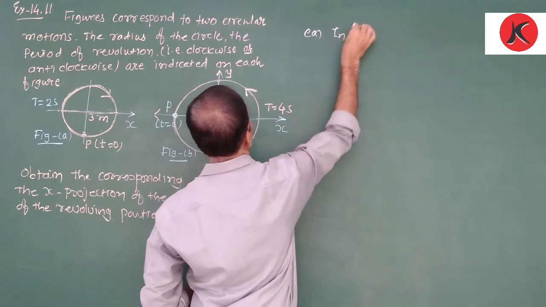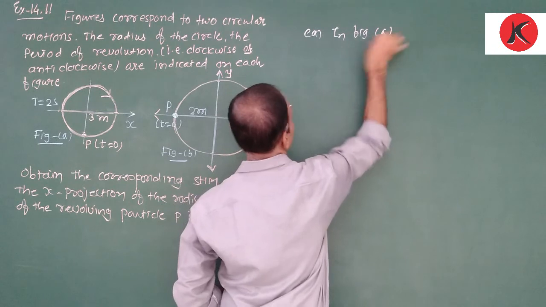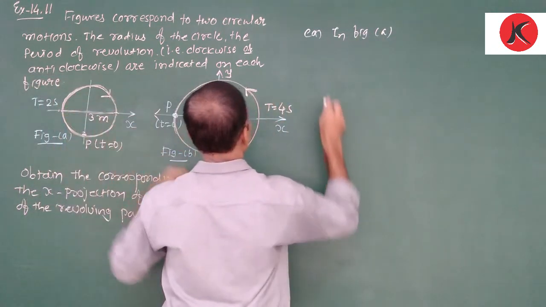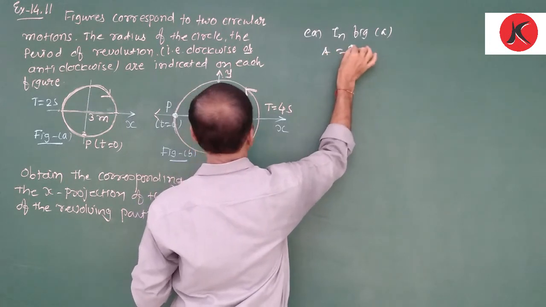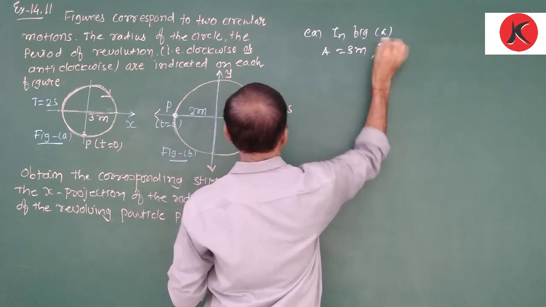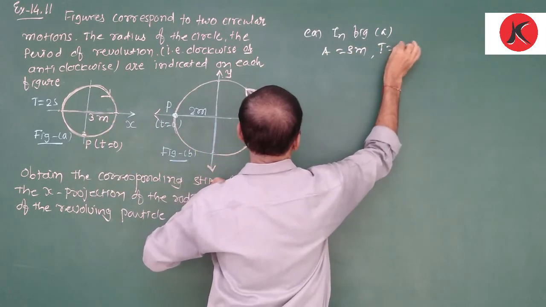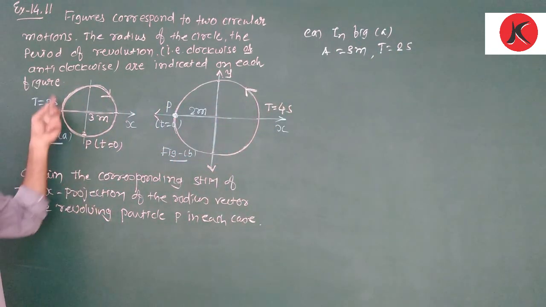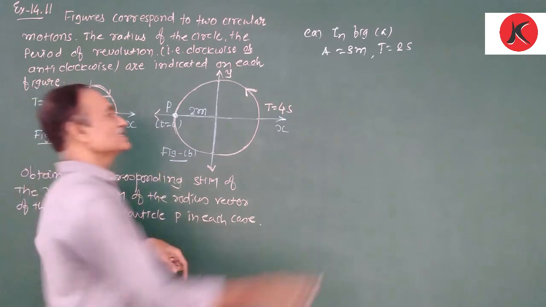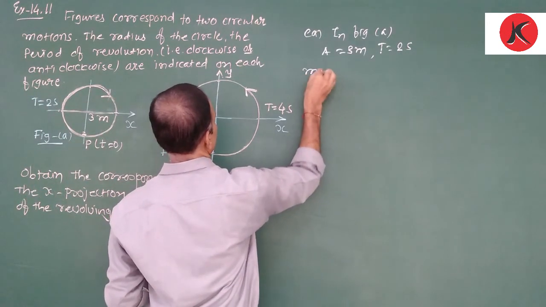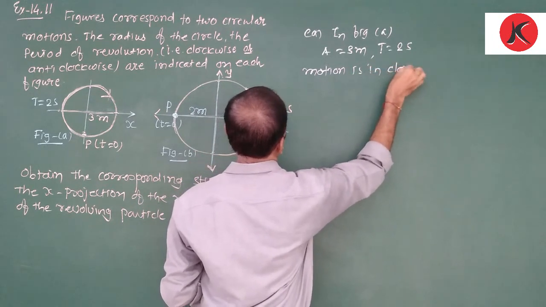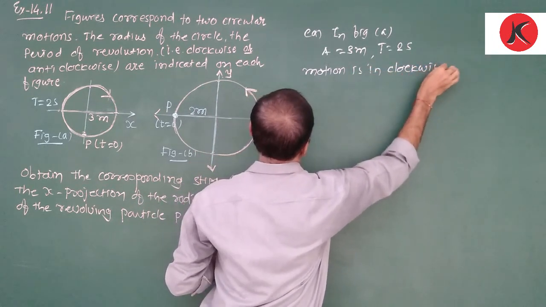In figure A, first thing, what is the amplitude? Amplitude A is equal to 3 meter. Periodic time T is equal to 2 seconds. Now the motion is in clockwise direction.